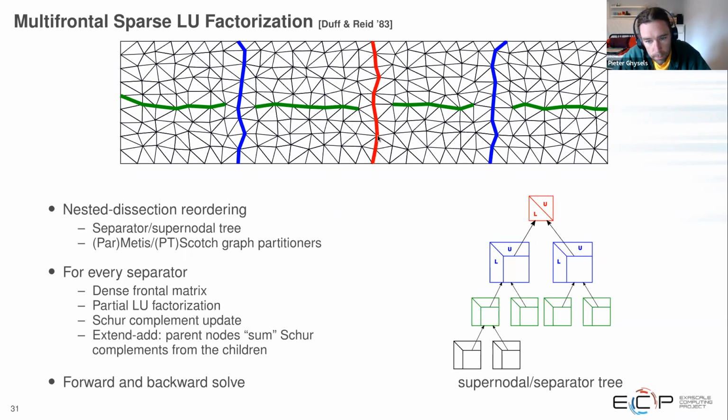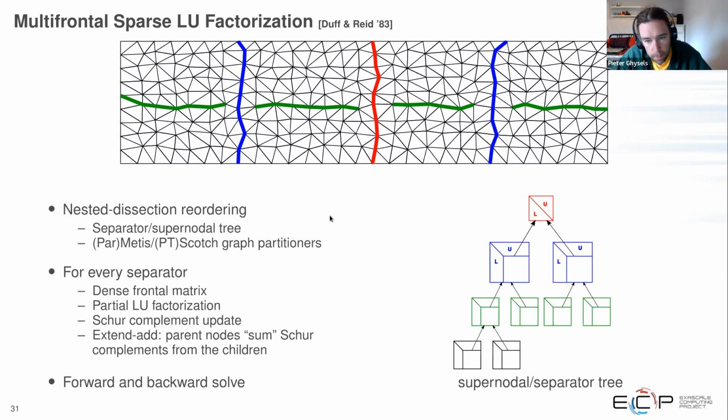The separator, for instance these red points, is the root separator. If you remove those nodes from the graph, then the graph splits into two unconnected components. So we get a binary tree where each sub-component corresponds to a subtree, and we recursively find separators in there.